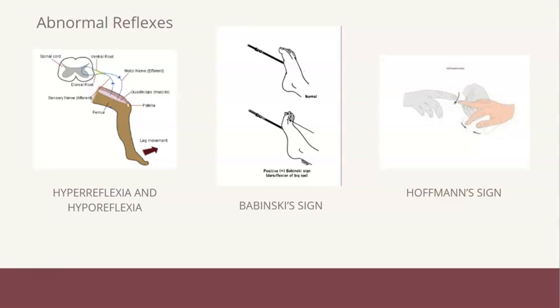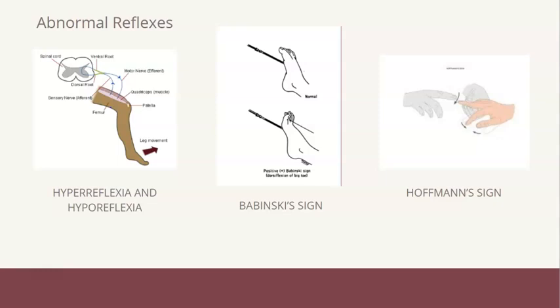So a couple of signs that we use or reflexes that we can test to give us some information about the upper motor neurons or the central nervous system is the Babinski. So this is where you're taking a reflex hammer, or a pen and you're drawing a 7 on the bottom of the foot, if the toes flare out, this is an abnormal response.